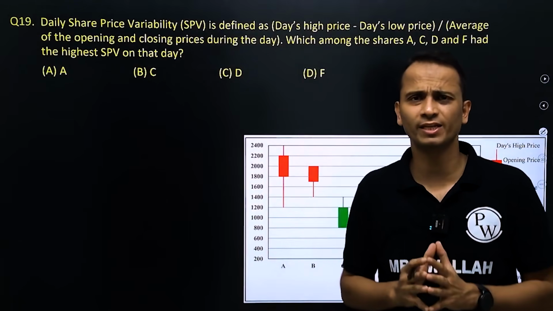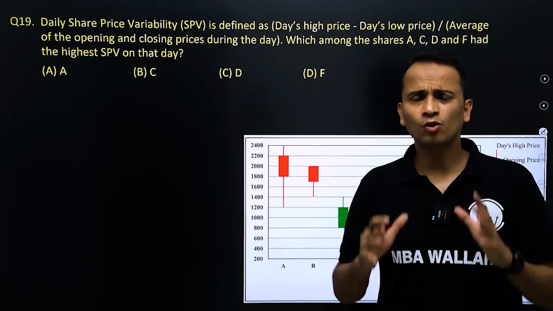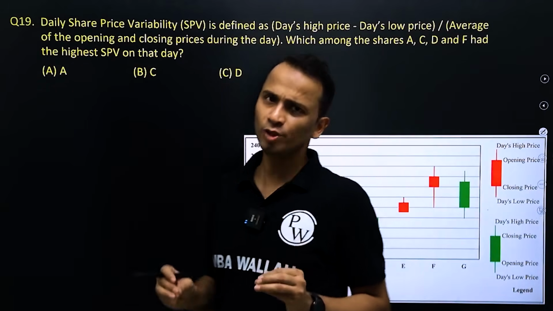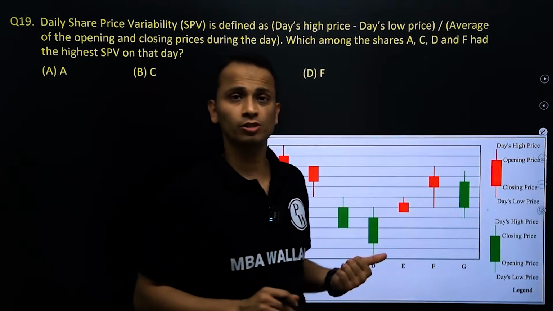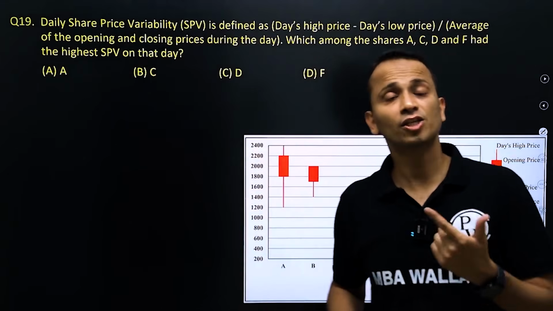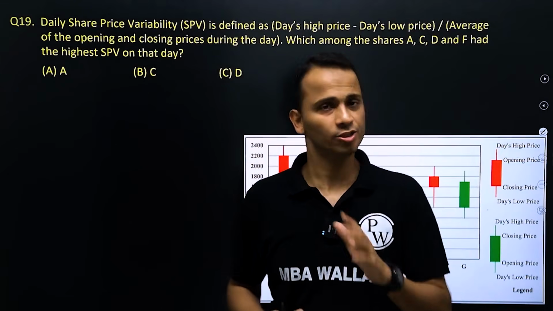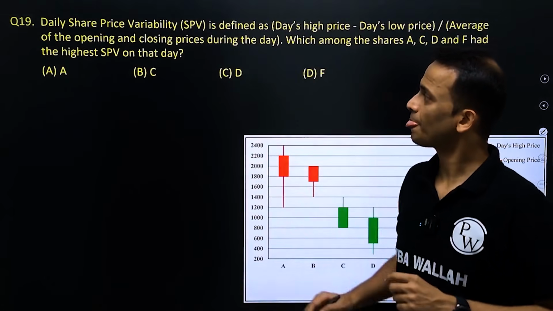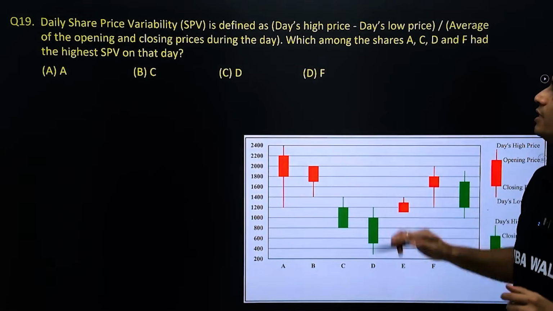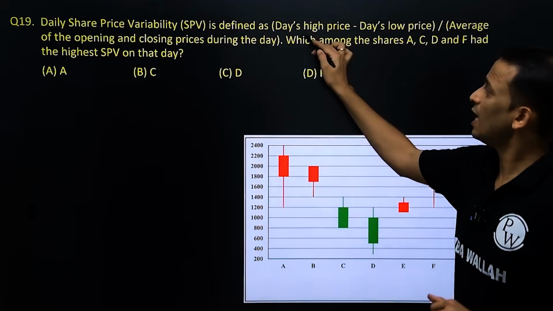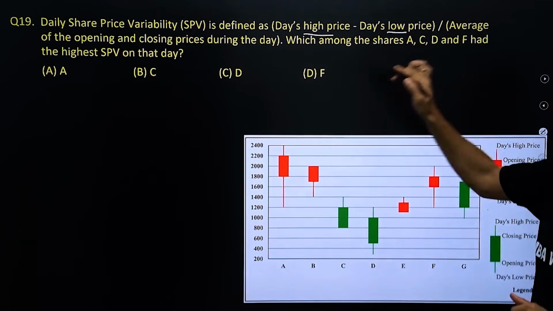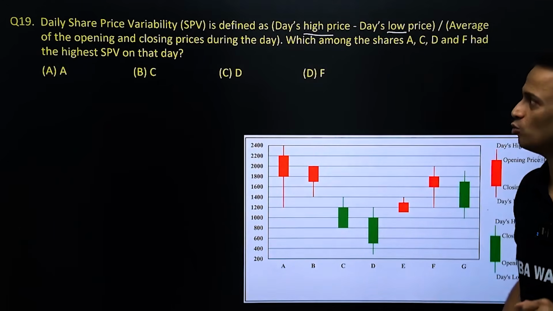No, you don't have to do anything. In CAT, whatever technical things they use, they will define all of them, like they have defined a share which is bullish or bearish. Now daily SPV is defined as day's high minus day's low divided by the average of opening and closing.